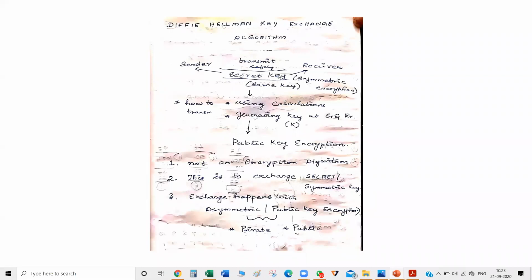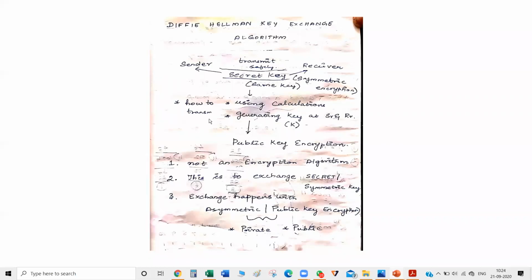Such a secret key is going to be transmitted safely from the sender to the receiver. How do we exchange the same key between these two parties? By using some calculations. Both sender and receiver are going to generate the same key. K is the key they are going to generate at both the sender side and the receiver side, with the help of public key encryption.